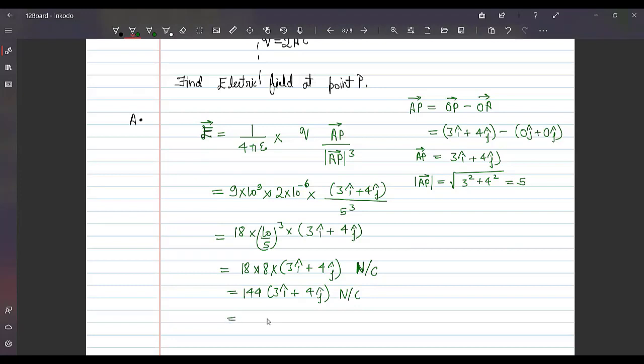We can write the final answer as 432i cap plus 576j cap Newton per Coulomb. So this gives you the value of the electric field in vector form. Any questions on this?